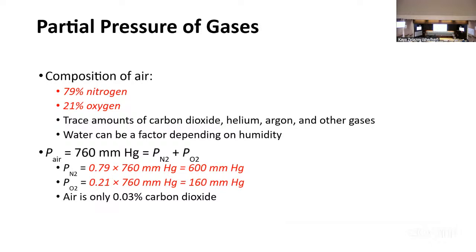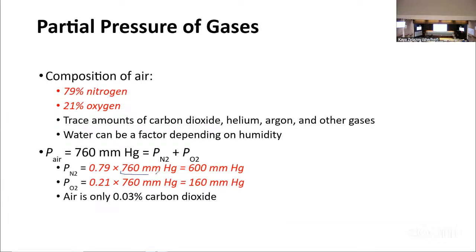But for the normal air around us, we wanted to know our partial pressures of nitrogen and oxygen. We would just be multiplying those percentages times our typical pressure in the atmosphere, which is 760. So this is why I gave you some fake numbers on the previous slide. This one you might need a calculator for.